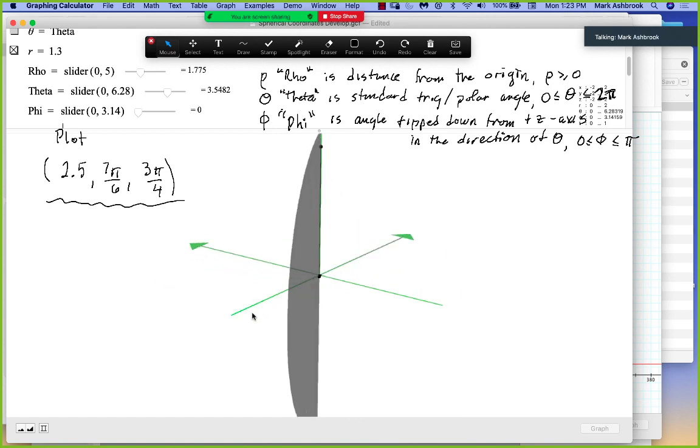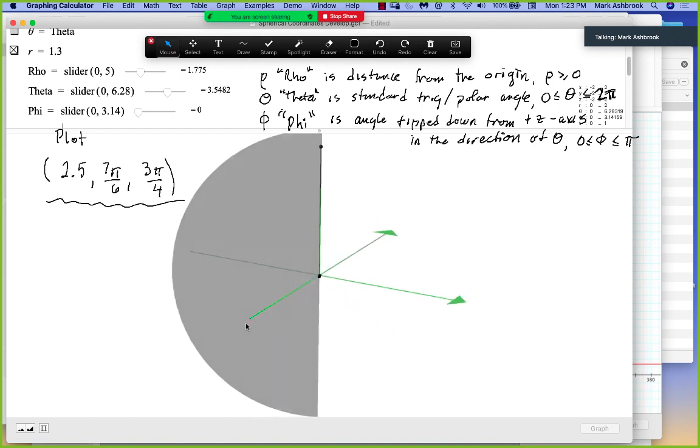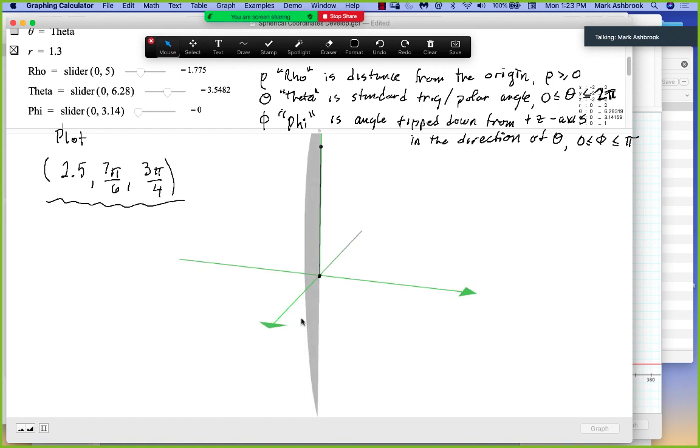So here is the angle a little bit past pi. And then 3 pi over 4 for phi. So where will that be? Is that going to be pointing up above the xy plane or down below? Below, right?